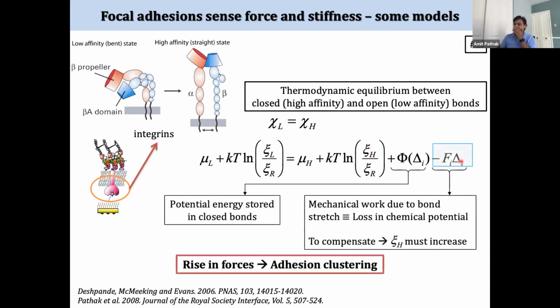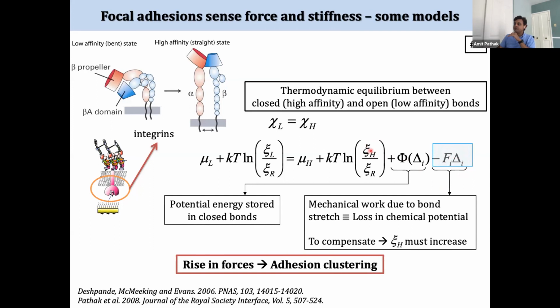So what is happening here is that if force is increased, I'll just focus on that last part. If the force is increased, then the energy level goes down, and the only way to compensate is by increasing the concentration of high affinity integrins.